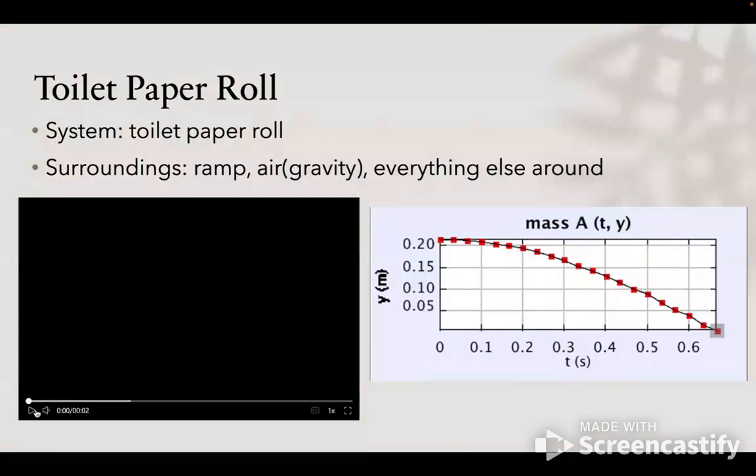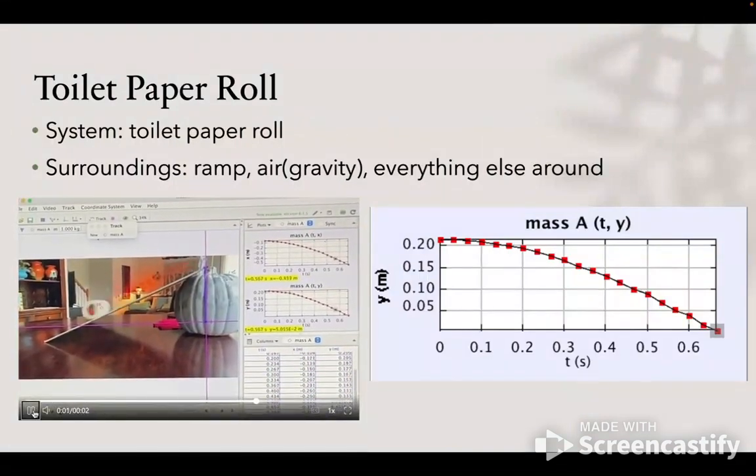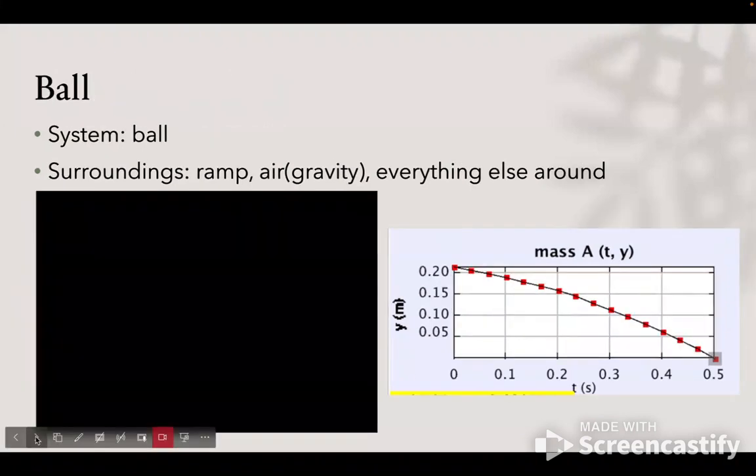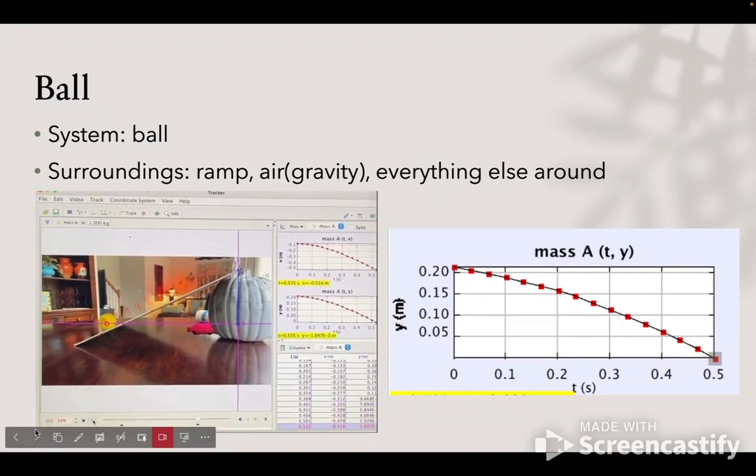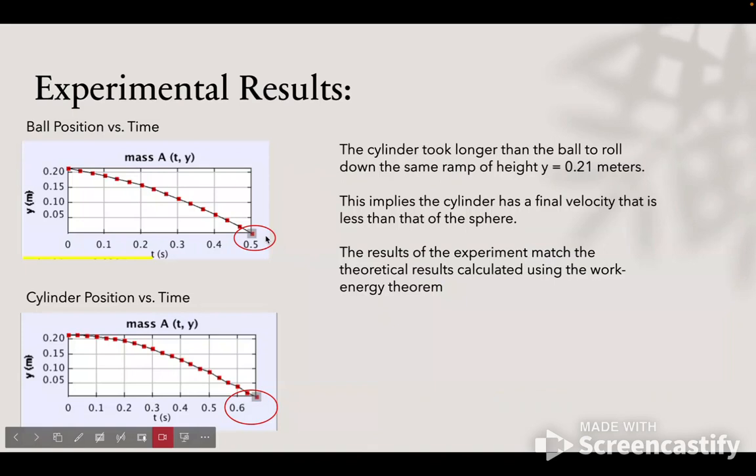So I tested it, and here are the videos. Here is the cylinder, and here is the ball. When tracked with Tracker, we can see in the position versus time graph of each that the ball took 0.5 seconds to roll down the ramp, and at the same height, the cylinder took about 0.7 seconds to get down the ramp.